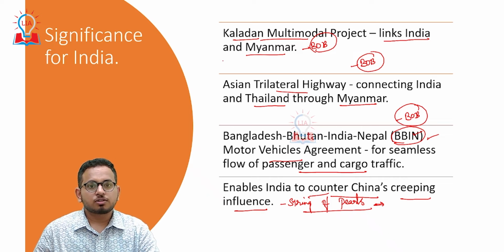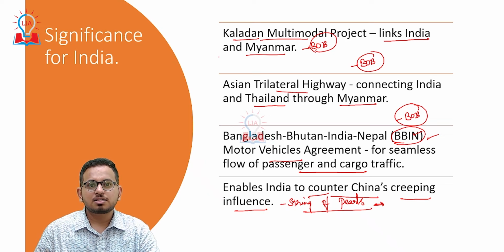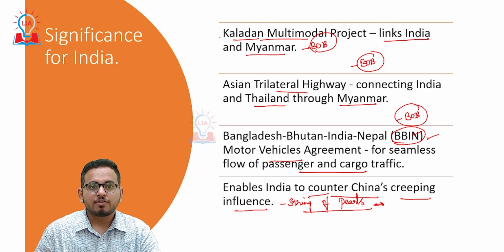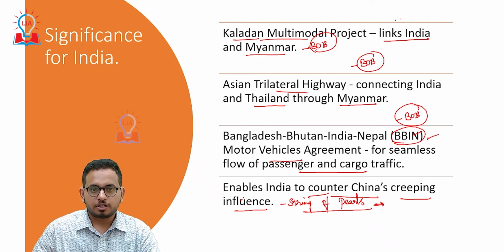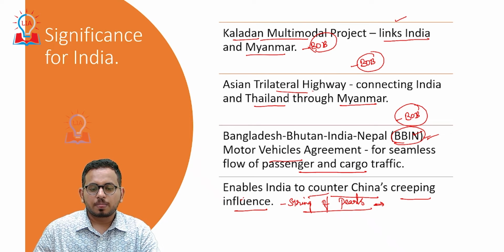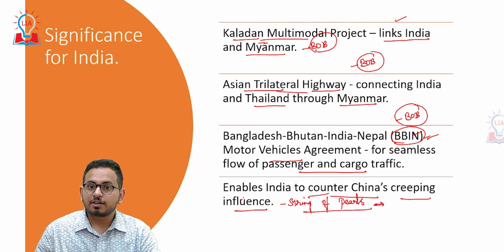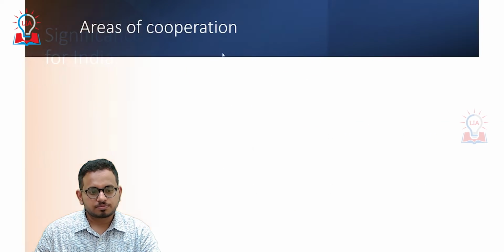Because of the maritime importance the Indian Ocean has in global trade, China is in a very assertive position to have dominance over the Indian Ocean. So in order to counter Chinese dominance, the Bay of Bengal and the regional cooperation that India has through BIMSTEC, the Asian Trilateral Highway and the Kaladan multimodal project, India can effectively counter Chinese dominance.